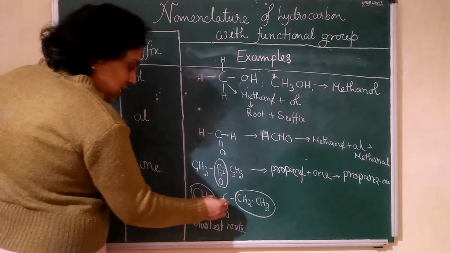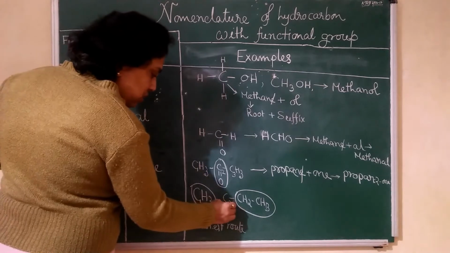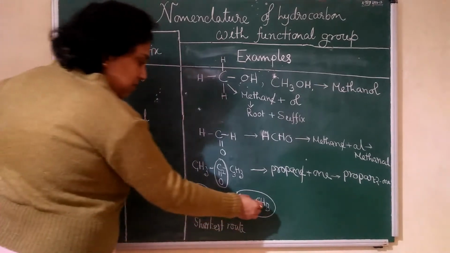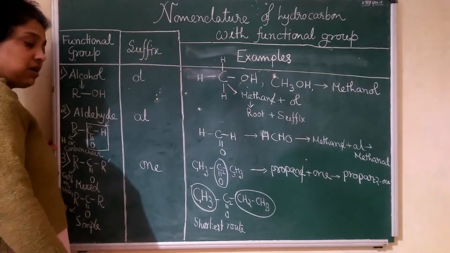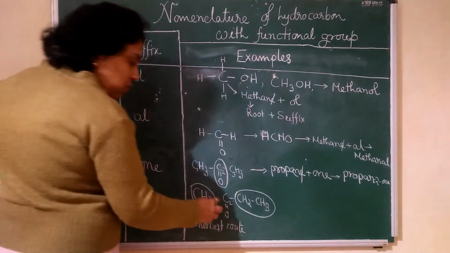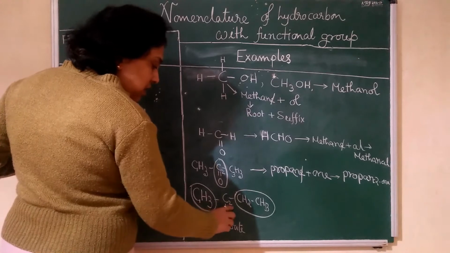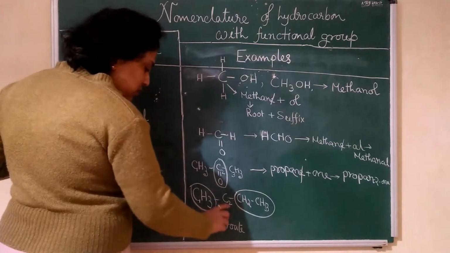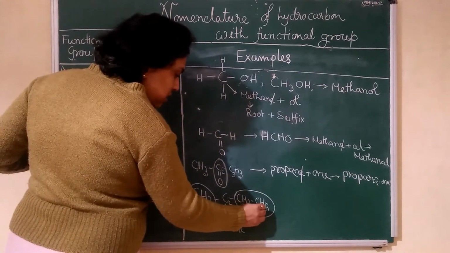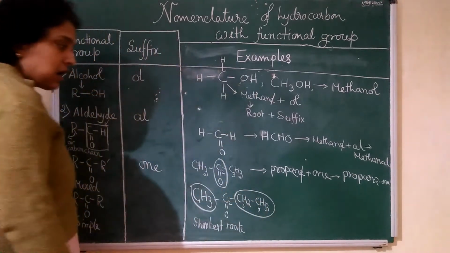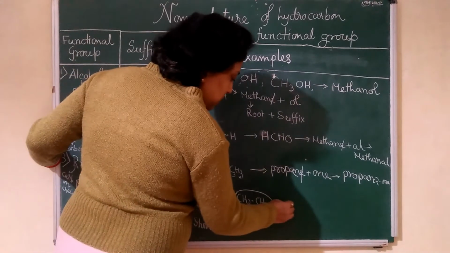If I write here, 1, 2, the ketone comes at the 2nd carbon. If I start from the other side, 1, 2, 3, the ketonic group comes at the 3rd carbon. So we have to choose the side where the ketonic group is reached soonest. So this side numbering will be, this is the 3rd carbon, this is the 4th carbon. So 4 carbons, so it is butane.